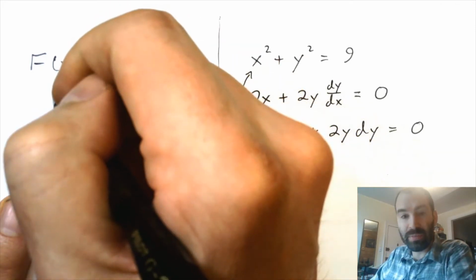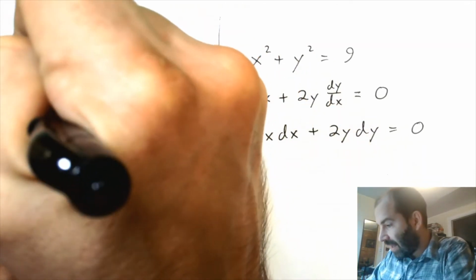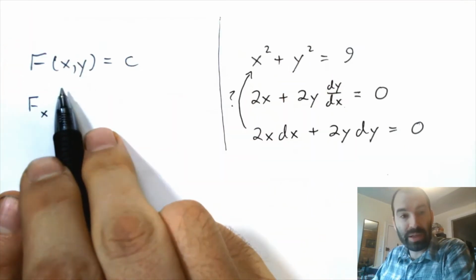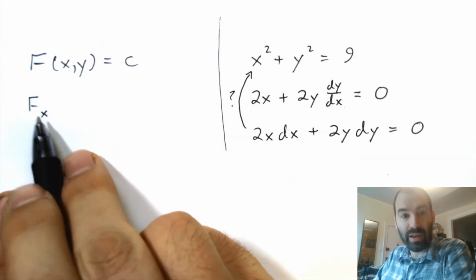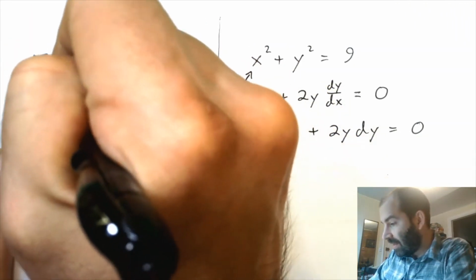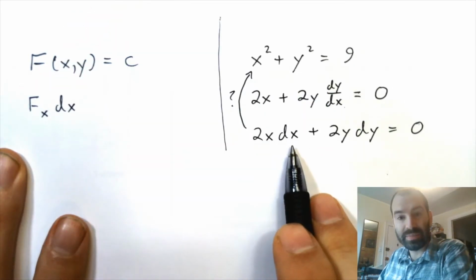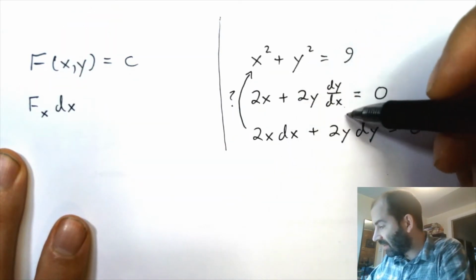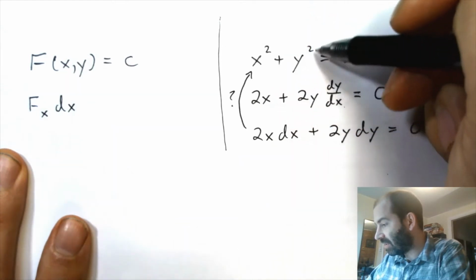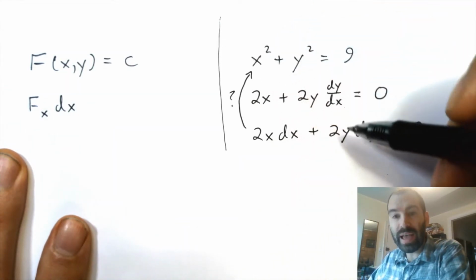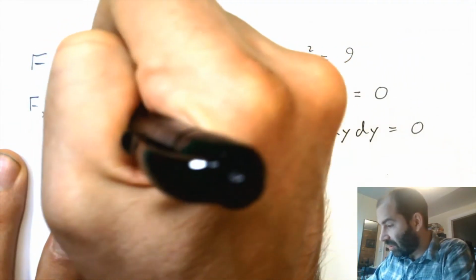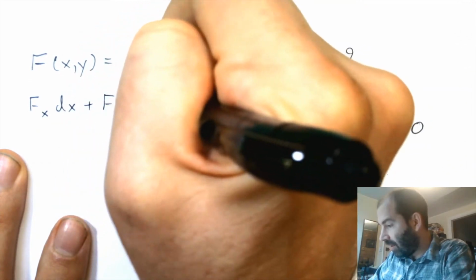So do the same thing here. That is the derivative of that function with respect to x. I'll write f subscript x to denote that. dx. That's what this is. And then this guy is the derivative of this expression with respect to y, treating x as a constant. So that's just f_y dy.